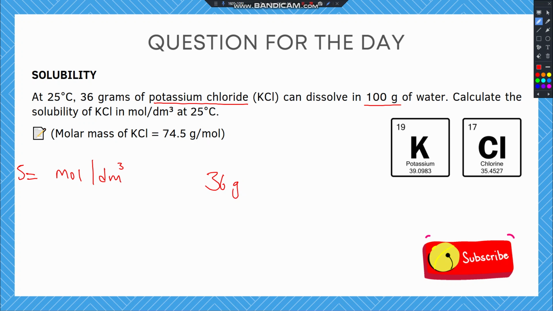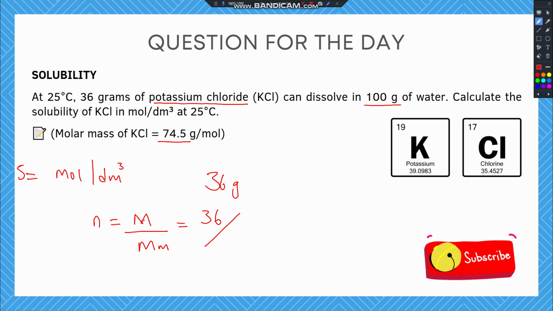So let's go ahead and determine the values. First of all, number of moles is equal to the mass of a substance divided by the molar mass. The mass of potassium chloride we were given was 36 grams. So we divide this by the molar mass of potassium chloride. Now they have given us the molar mass of potassium chloride to be 74.5.